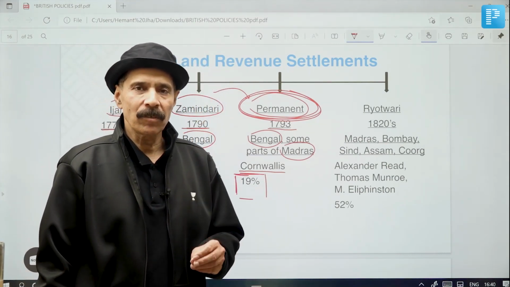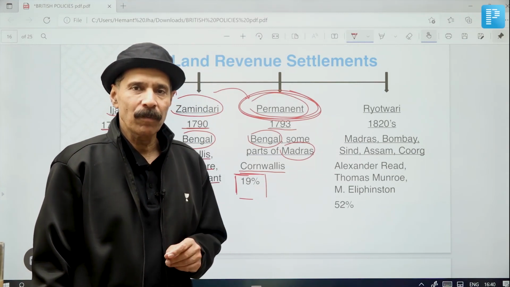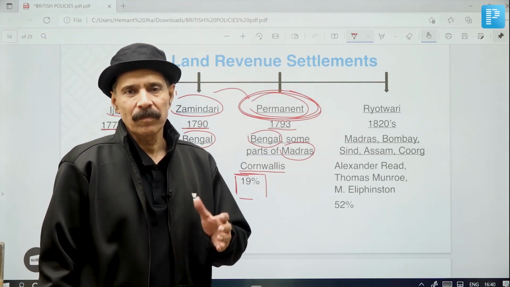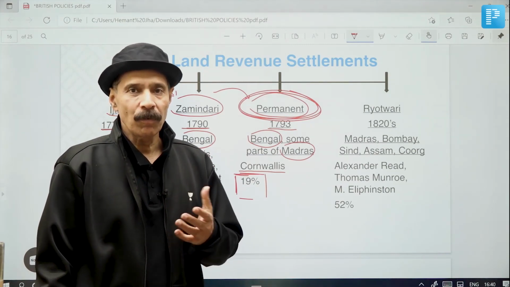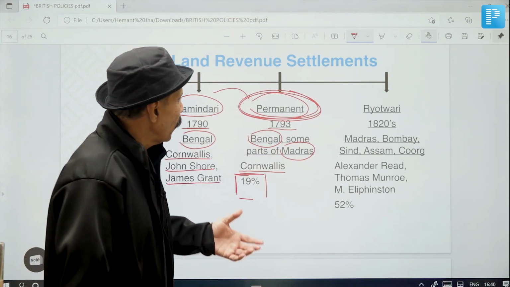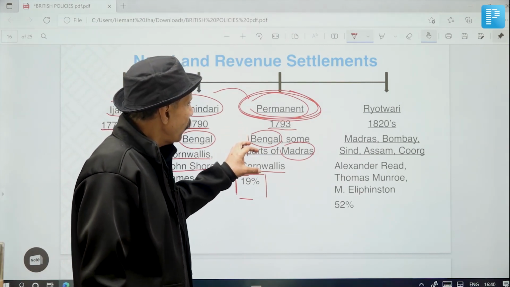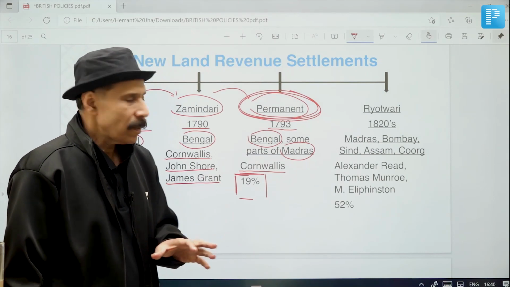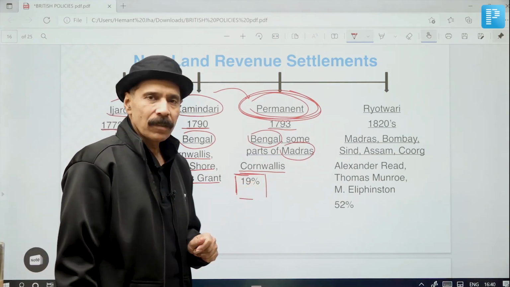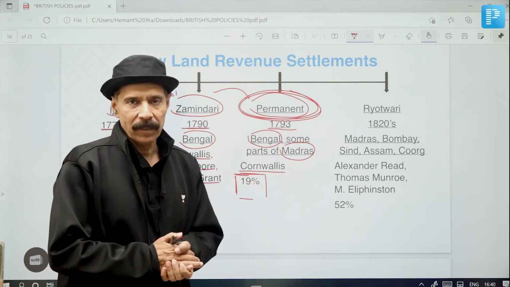This data is based on a rough estimate of the first half of the 20th century, according to which the cultivable land under permanent settlement constituted 19% of the total cultivable land.